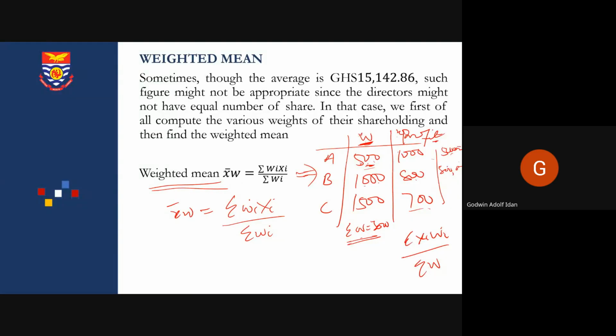And what do we get? 1,050,000, which is 1050 followed by 3 zeros. And then we find the summation of XiWi.